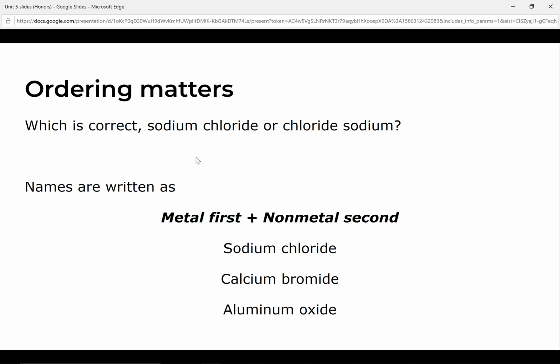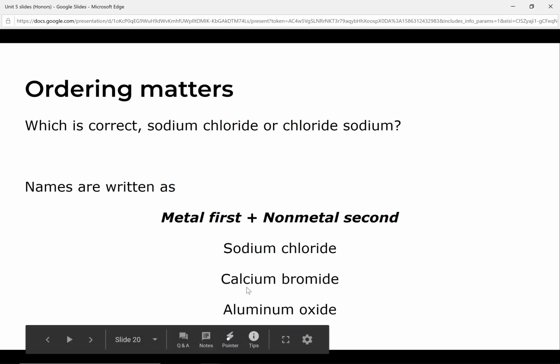Or if you're thinking about the charges, the cation, the positive charge, comes first, which is a metal, and the anion, the negative charge, chloride, comes second. So sodium chloride, right? Or calcium +2, bromide -1. Aluminum +3, oxide -2. Metal first, then non-metal.